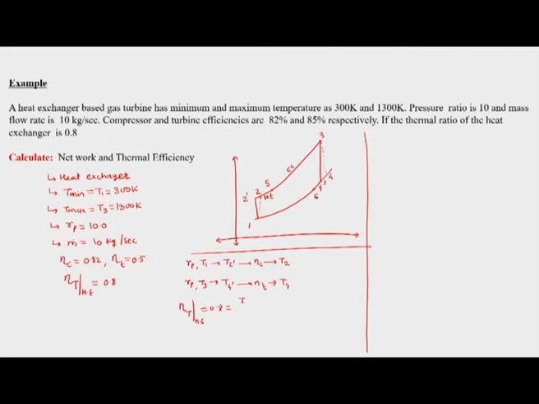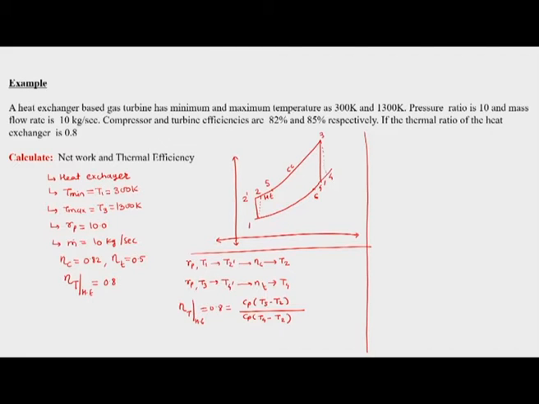What is actual heat transfer? Actual heat transfer is the constant pressure heat addition in the heat exchanger, so Cp into T5 minus T2, divided by the maximum possible heat transfer, which is Cp into T4 minus T2.